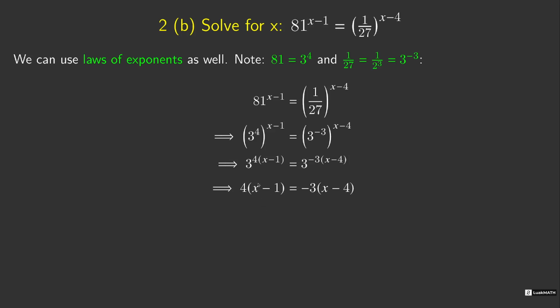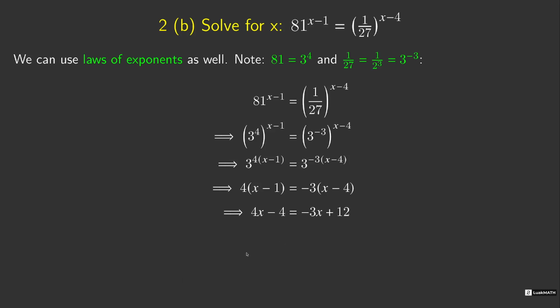So 4 times bracket x minus 1 equals minus 3 times bracket x minus 4. Then I open the brackets, I distribute the 4 on the left hand side, I get 4x minus 4. I distribute the minus 3 on the right hand side, I get minus 3x plus 12. And notice how these minus and minus cancel here, you get plus 12.